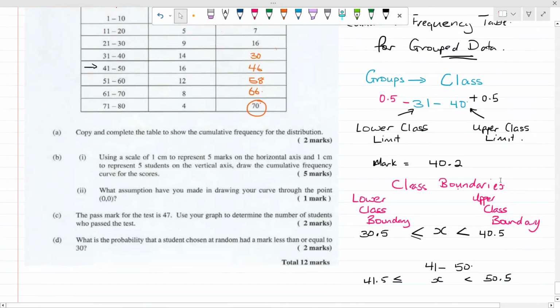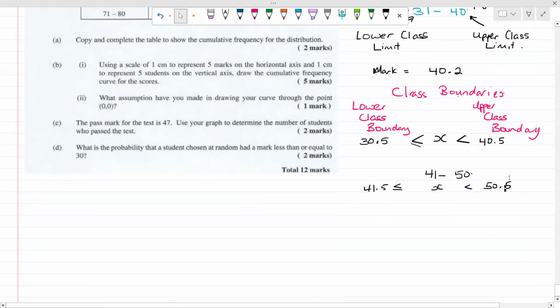Now, this is just general knowledge or training as we look at the question, right? Everybody okay with that? Right. Now, we could use these boundaries to determine something called the class width. The class width is basically the spread of values.